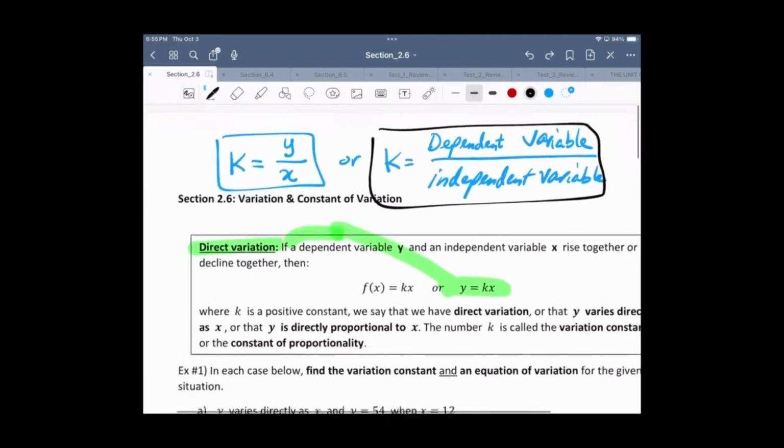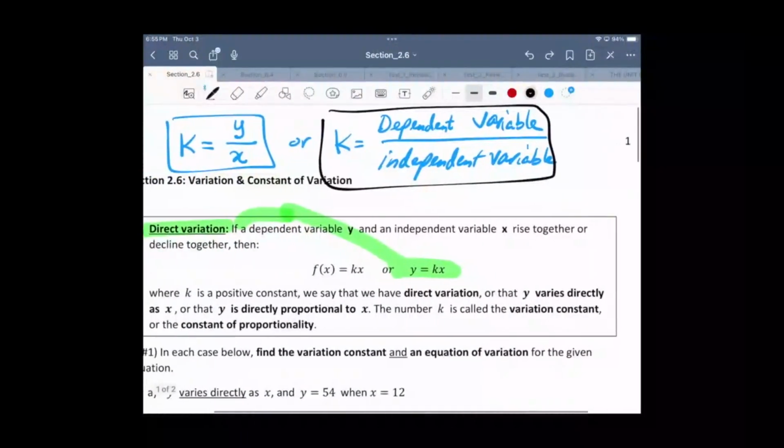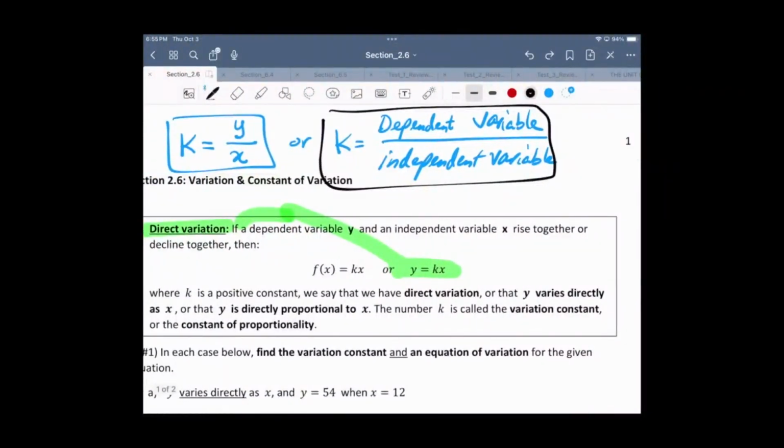Now, for the direct variation, all you have to do is rearrange the terms in this formula, right? K has denominator 1, and if you cross multiply, that means y times 1 and k times x. This is exactly the formula you get.